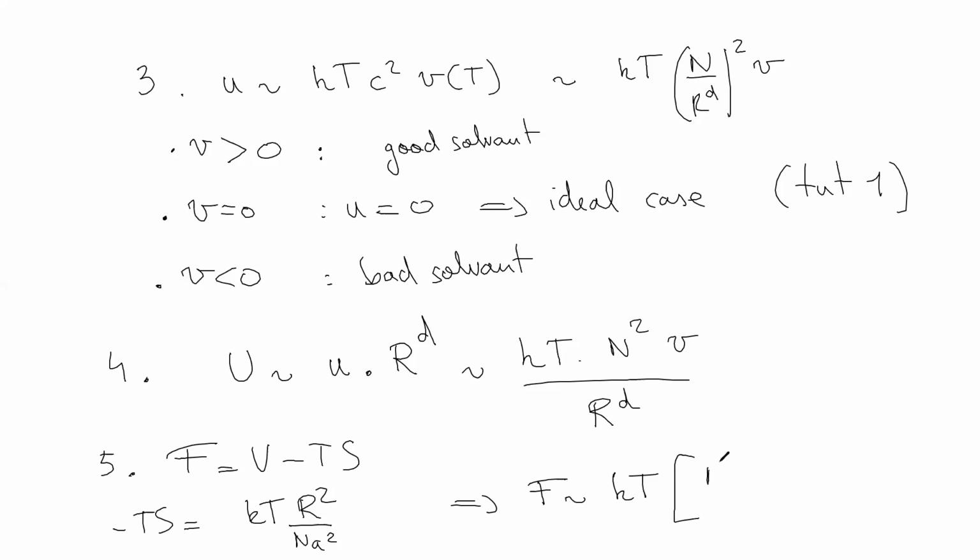You have the attractive term and the novel term attributed here to the interaction. So it's called v n squared over R^d. Okay, so this is the typical free energy of the system in units of kT. So you have here the entropic contribution, and it will say that you don't really like to be fully extended, because when you're fully extended, you only have one conformation for your macroscopic state, and so it's very unlikely.